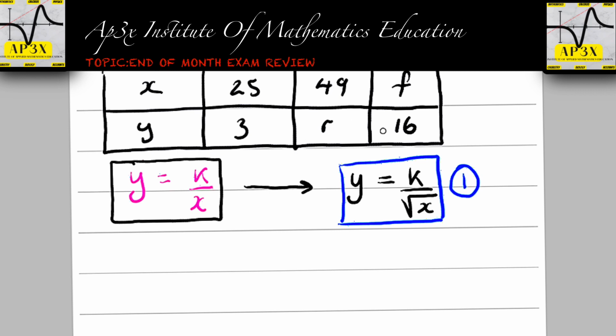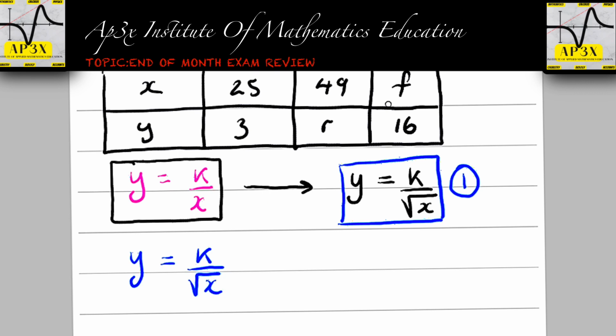But we should know, based on my previous tutorial lesson, that you cannot find any unknown values in the table or in the question without the value of k. So we're going to go ahead and write our formula: y is equal to k divided by the square root of x.